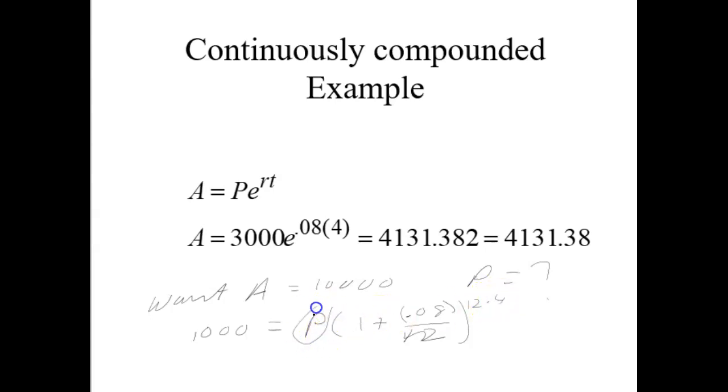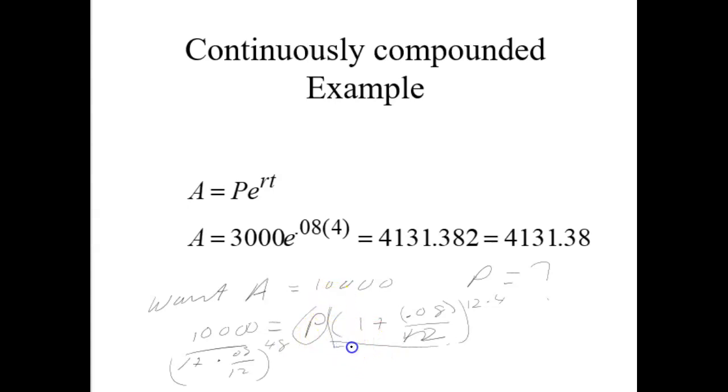To solve for this, basically you calculate this, you get 10,000 divided by 1 plus 0.08 over 12 to the 48. You can solve for P this way.